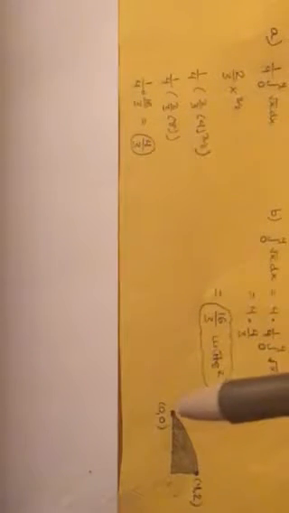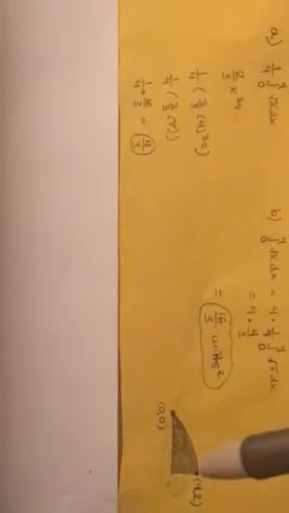The minimum x value is 0, and the maximum is 4. And then in this case it will be 1 over 4 times the integral of root of x dx, or the function, from a to b, or 0 to 4 in this case.